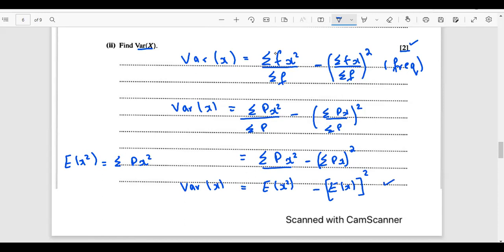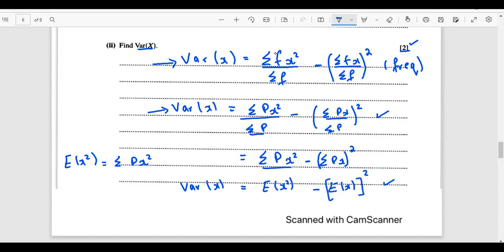Any doubts? I'll repeat once again. This is the formula which everyone knows, and you are comfortable with this. This is the case when you have probability instead of frequency. Just write down P wherever you had F. Since summation P is 1, that is a property of probability: the sum of probability is 1.